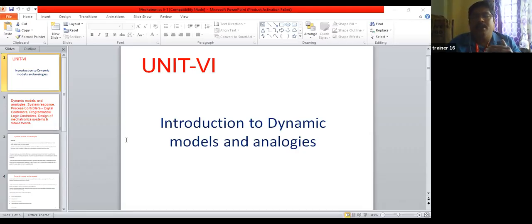So here in Unit 4, with the help of the PLC, we have to make the Unit 3 hydraulic and pneumatic systems, which are semi-automatic, fully automatic.